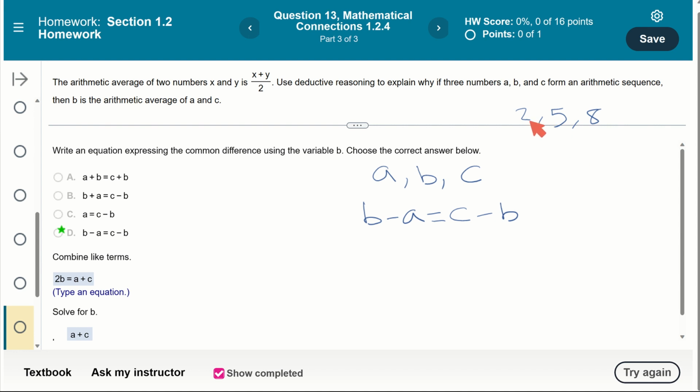So notice that 5 minus 2 is the same as what? 8 minus 5. And of course they're both 3, right? So anytime an abstract situation gets to you or bothers you, try a real situation, a more concrete example, and then you can see the generalization to the more abstract case.